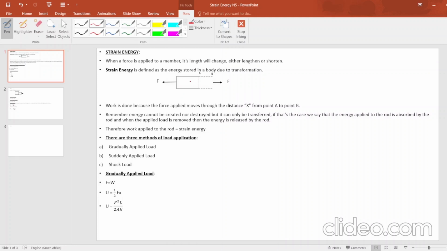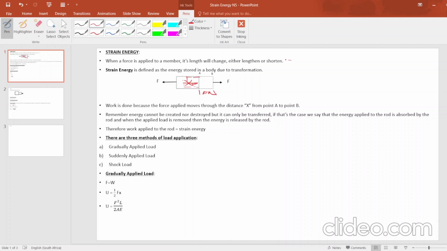When the force is applied on this member here, what's going to happen? You'd realize that it will lengthen if we are applying the tensile force. Then if we are applying the compressive force, it will obviously shorten.